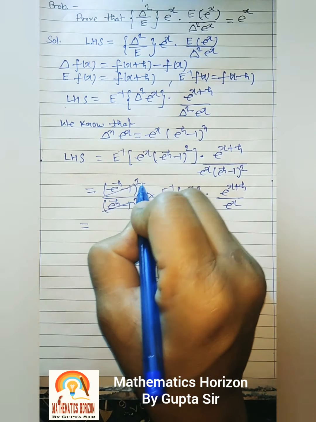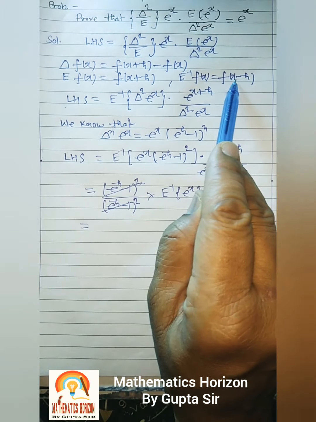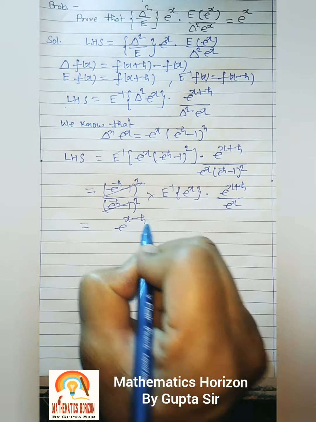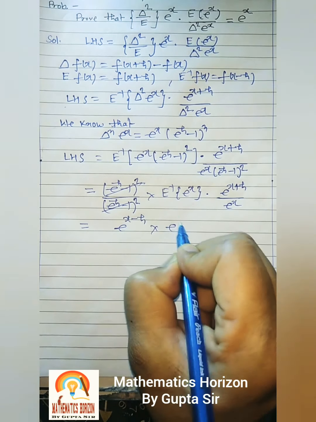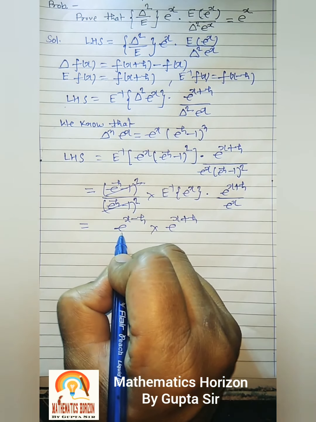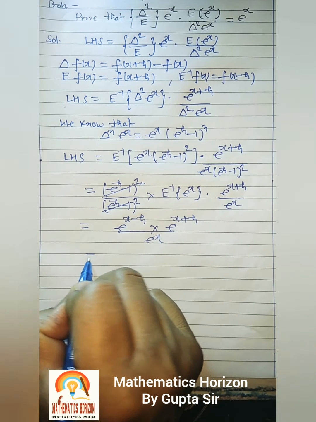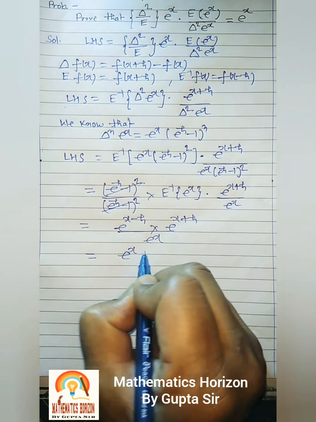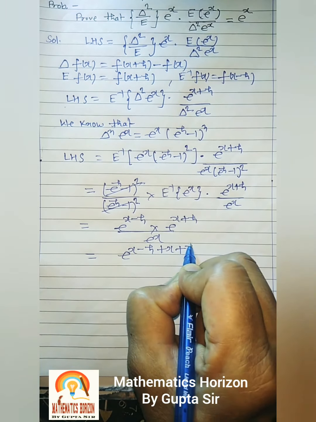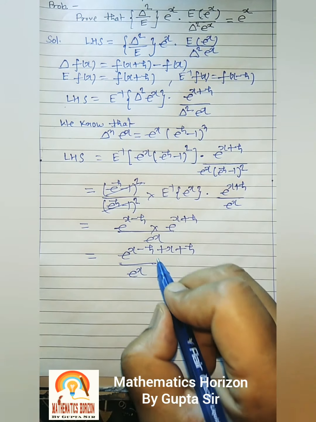Now these two are cancelled out, and by the property of E⁻¹ f(x) is f(x - h), this is equal to e^(x-h), and here we have e^(x+h), and in denominator we have e^x, that is e^(x-h+x+h) upon e^x.